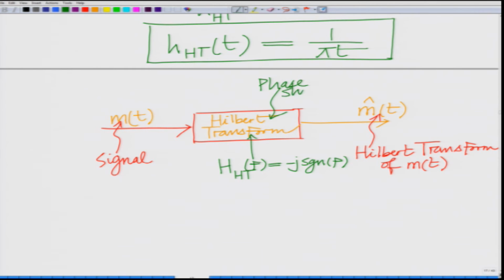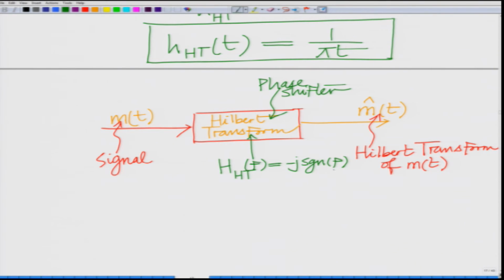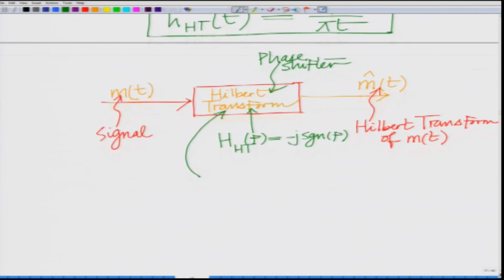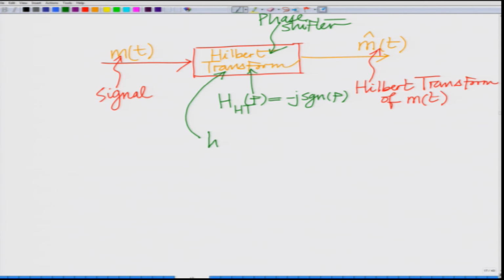Remember, this is a phase shifter, that is, it shifts the phase of all the positive frequency components by minus pi by 2 and all the negative frequency components by pi by 2. It has frequency spectrum, the Fourier transform, minus j sgn f, and we have derived the impulse response h_Q(t) equals 1 by pi t.